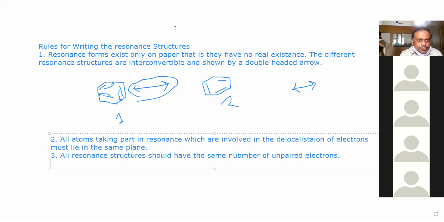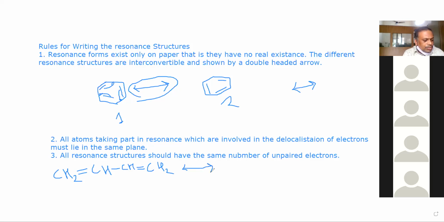For example, CH2 double bond CH double bond CH2. They should have the same number of unpaired electrons.